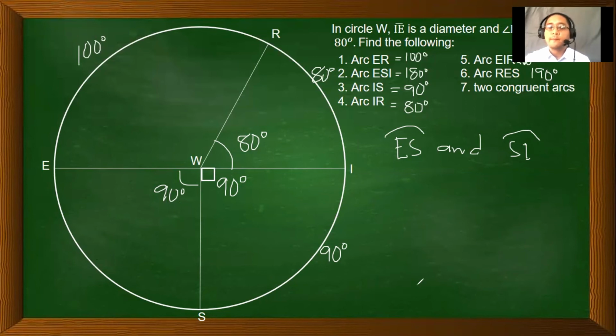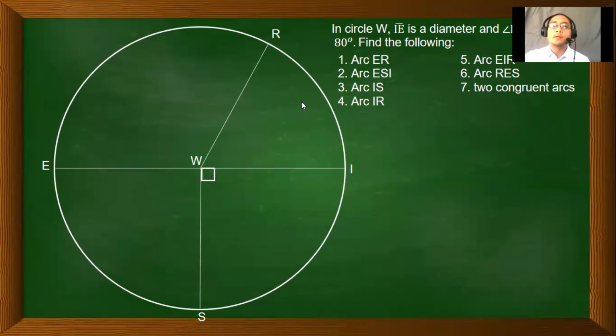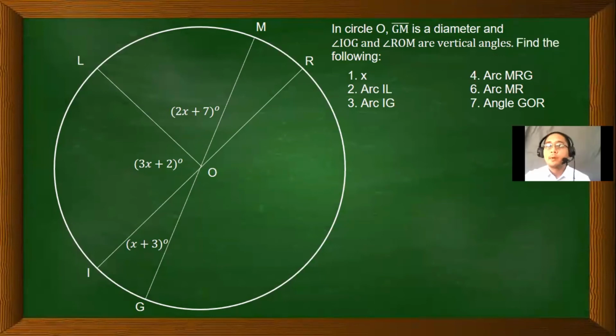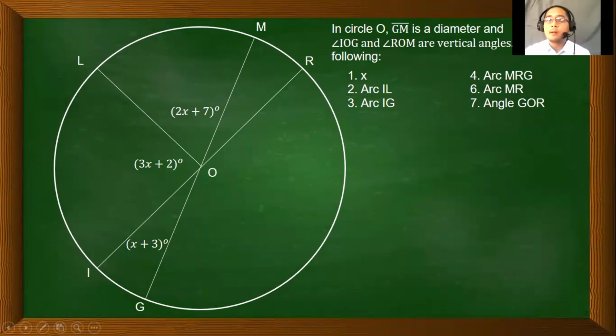Now, what if we have algebraic expressions on the given illustration? For example, in circle O, line segment GM is a diameter and angles IOG and ROM are vertical angles.